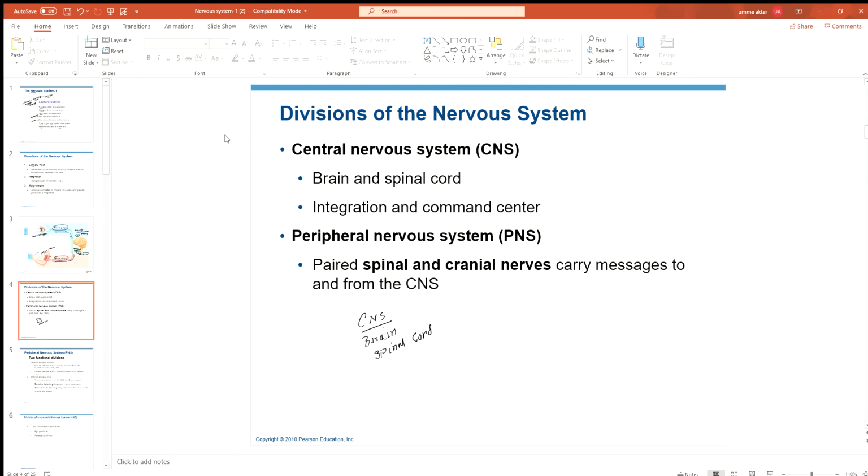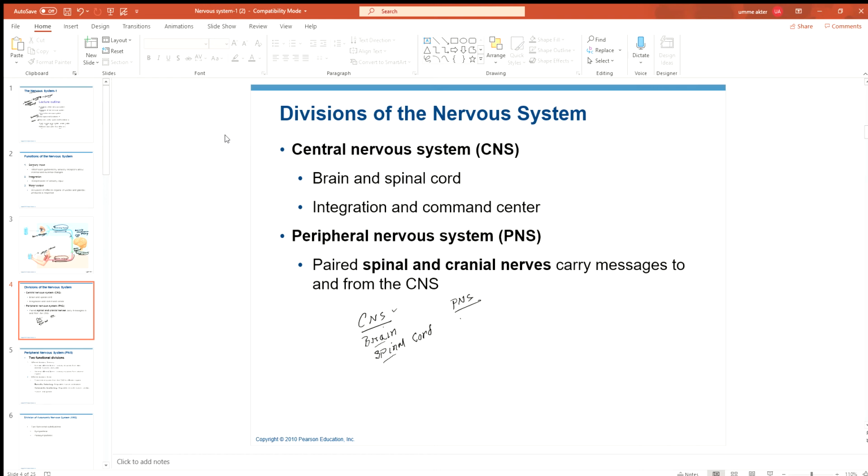So these two organs belong to the central nervous system, and they are heavily protected. You know that your brain is protected by the cranial bones, skull, and the spinal cord is protected by the vertebral column.